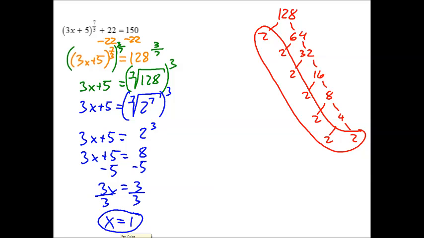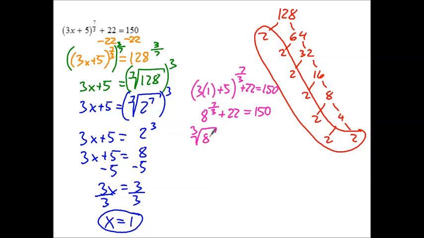And let's again check if that actually works out. So 3 times 1 plus 5 to the power of 7/3 plus 22 is equal to 150. 3 times 1 is 3 plus 5 is 8. 8 to the power of 7/3 plus 22 is equal to 150, or the cube root of 8 raised to the power of 7 plus 22 is equal to 150.